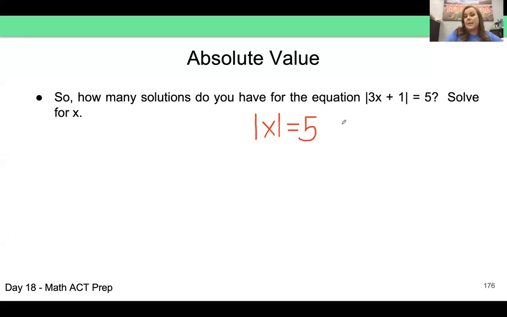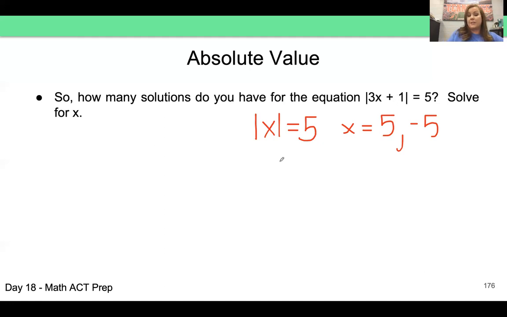Then that means that x is either equal to +5 or -5. And I'm going to say, you're 100% correct. And they're like, yay, but I can't do this one. Well, if you just did this one, you can do that one because this is the same thing. Whatever this comes out to be is the same as this. It's got to equal +5 or -5.